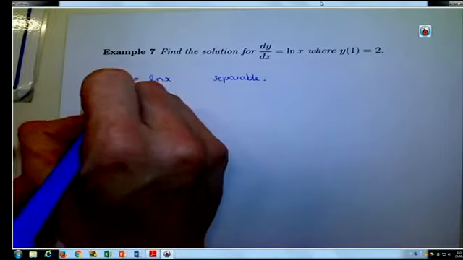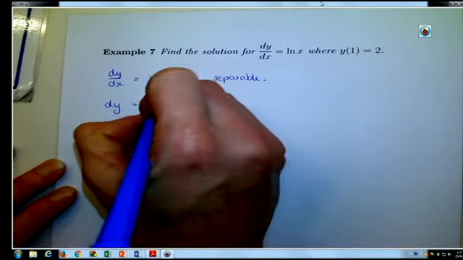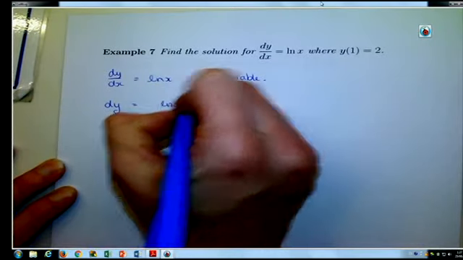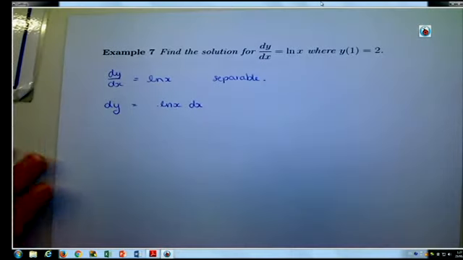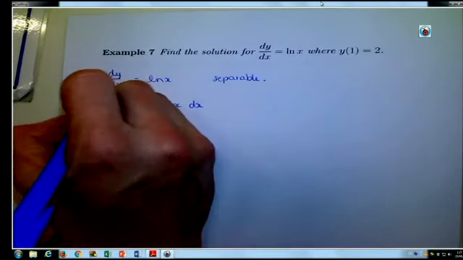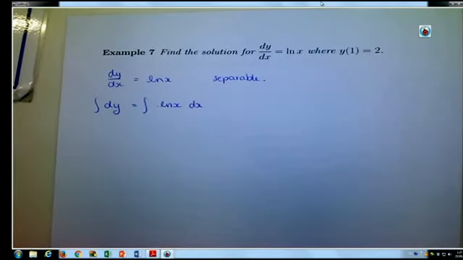I can separate all the y's on one side, log x dx on the other side, and after you've separated, then you can integrate. So integrate that side, integrate that side.